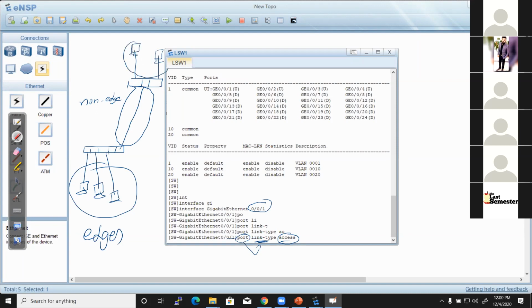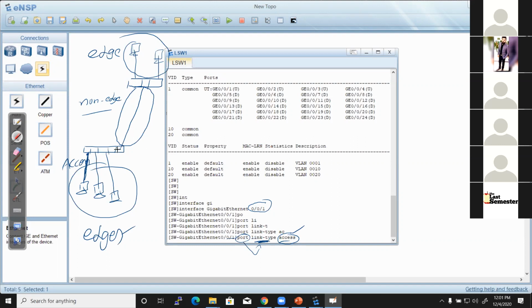So this portion we call the edge, and this portion is called non-edge. Whenever we talk about end users, the link type should be access.